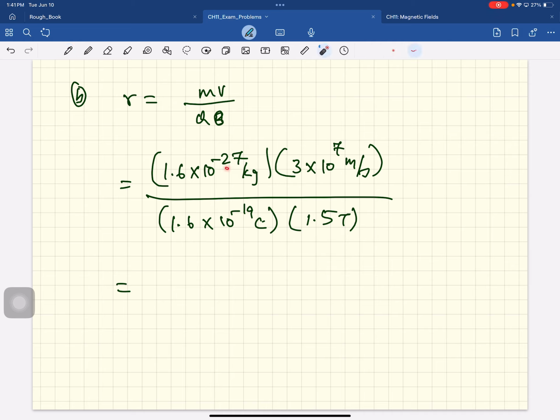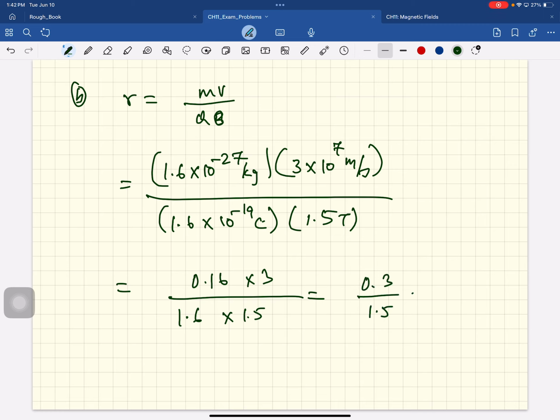So powers of 10, that's 10 to the minus 20, 10 to the minus 1, so 1.6 into 3, 1.6 into 1.5. So the maximum radius, that is 0.3 divided by 1.5, equal to 1 over 5 meters, 0.2 meters.